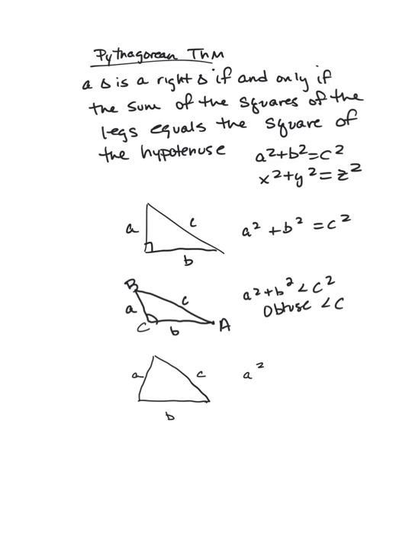So to be an acute triangle, A squared plus B squared, C would be getting smaller, so it stands to reason that it would have to be greater than C squared.